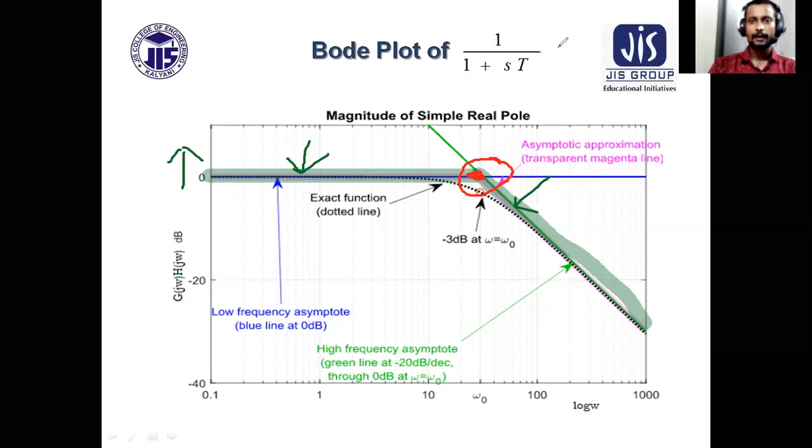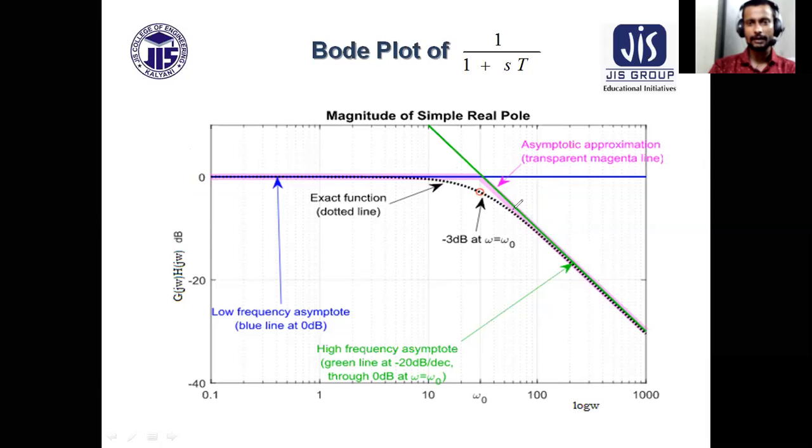Now what does this dotted line show? This dotted line shows the actual graph, the exact function, whereas this line shows the asymptotic approximated line. For simplified calculation, we'll assume the approximated ideal case. So hopefully it is understood what corner frequency is. Corner frequency is that frequency at which the slope changes.